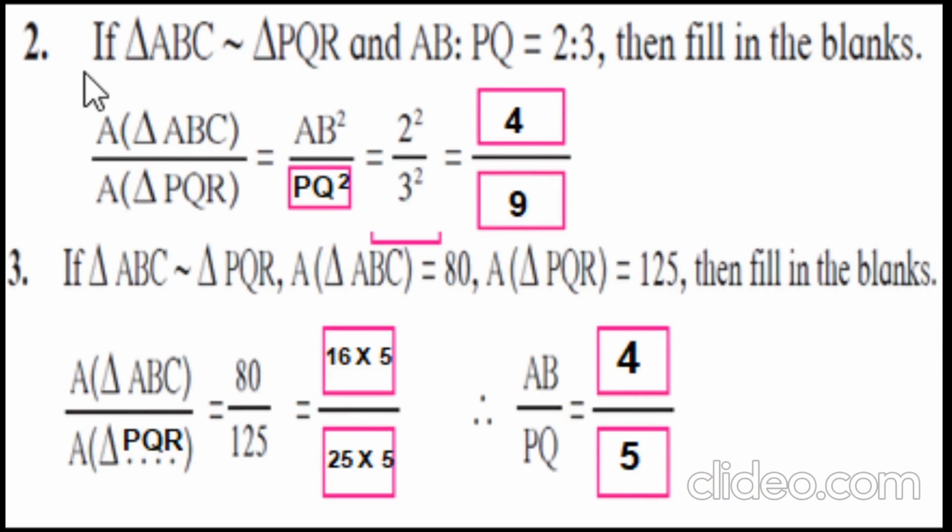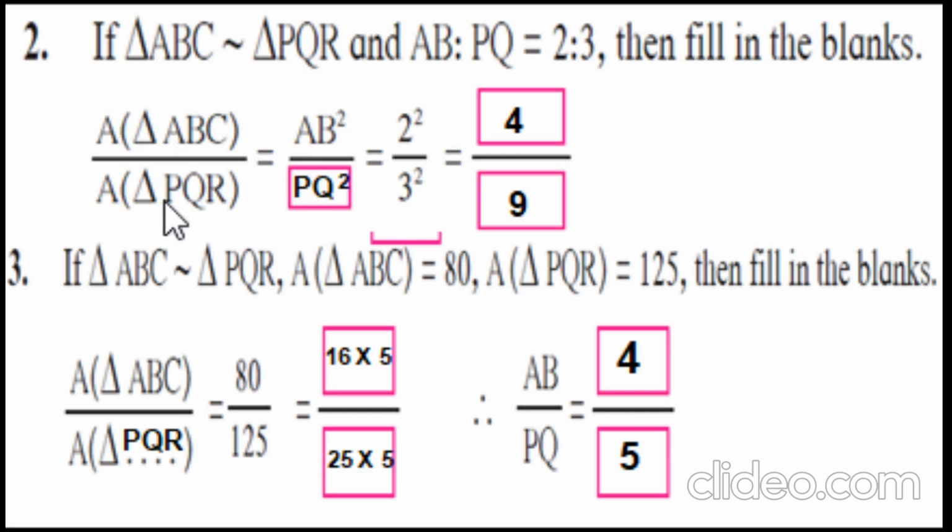Question number 2. We have been given an activity in question number 2 and question number 3. In question number 2, if triangle ABC is similar to triangle PQR and the ratio of AB to PQ is 2:3, then fill in the blanks. Area of triangle ABC upon area of triangle PQR is equal to AB square upon PQ square.